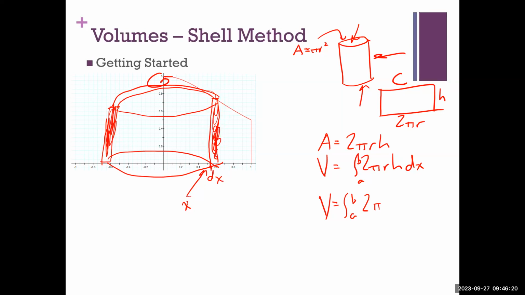But when we work towards integrals, we limit that to make it very small, so we call it dx. But yes, these radius and height things are, I'm going to say x, but really they can be in terms of y as well. They are functions of x. So this right here is the area of the side, the area of a rectangle, and this dx gives that third dimension, the thickness.